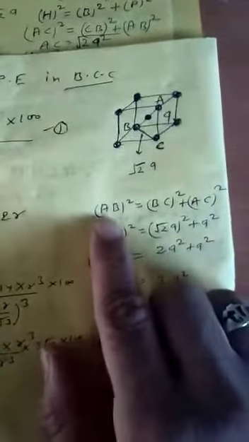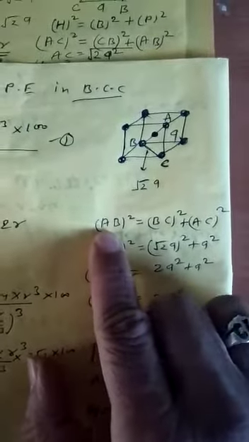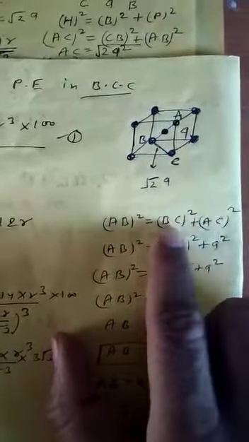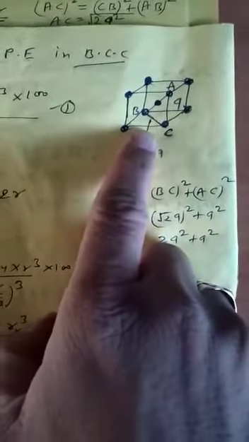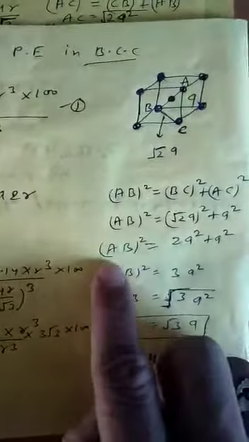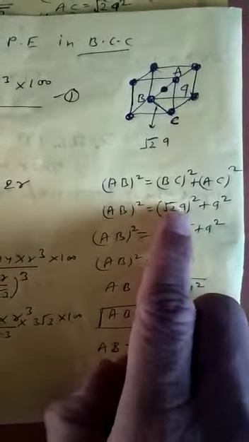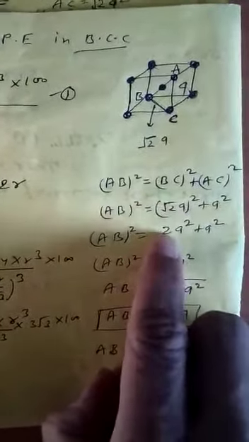So we can write here AB square is equal to BC square plus AC square. So now BC is the face diagonal. So you know it is equal to what? Root 2 A, and the AC is equal to A. So AB square is equal to, when you solve this, root 2 A square, that is 2A square, plus A square.